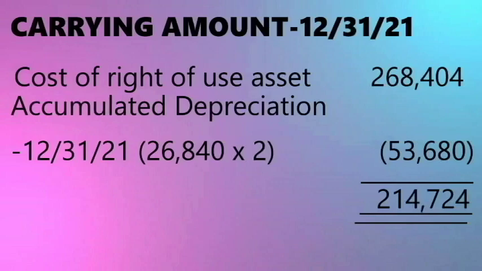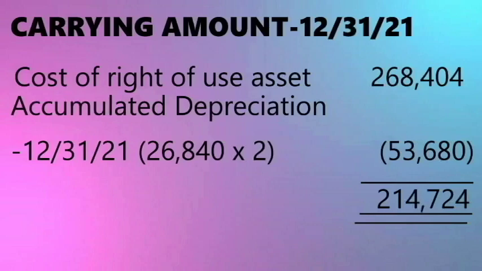So, yung cost of right of use asset dito is yung kaninang kinumpute natin na present value as of January 1, 2020, which is 268,404. So, yung nakuha nating depreciation nung journal entries noong 2020, which is 26,840, times natin sa 2, since 2 years yung na-use or nagamit na years bago magkaroon ng extension or rather amendment of the lease.